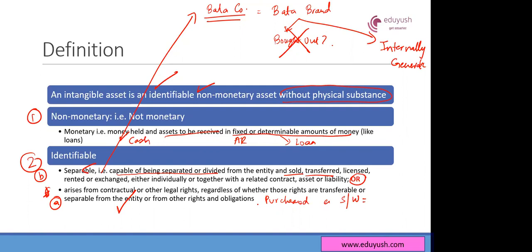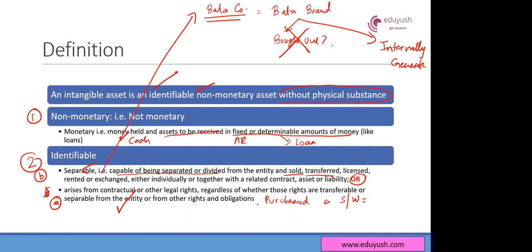No. You can call it by another name, but not Bata. So that is why this is not capable of being separated or divided from Bata and sold, transferred, licensed, either individually or together with other assets.